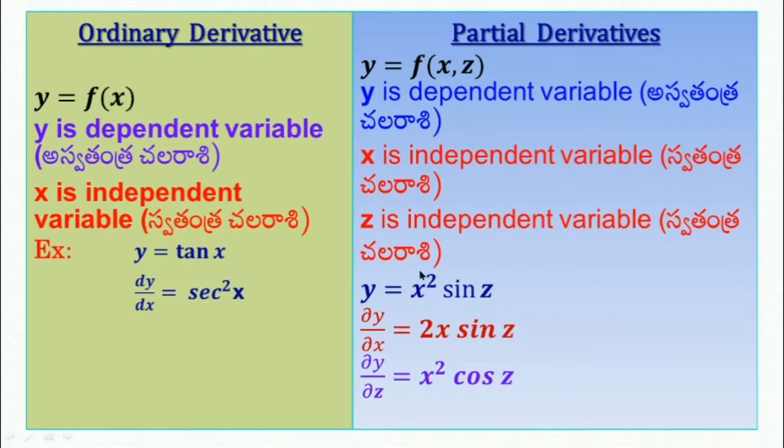Here we differentiate x square and treat sin z as a constant because we are differentiating with respect to x. Similarly, in case of dou y by dou z, we treat x square as a constant, so we get x square as it is and the derivative of sin z, cos z. So these two are the partial derivatives. This one is an ordinary derivative.